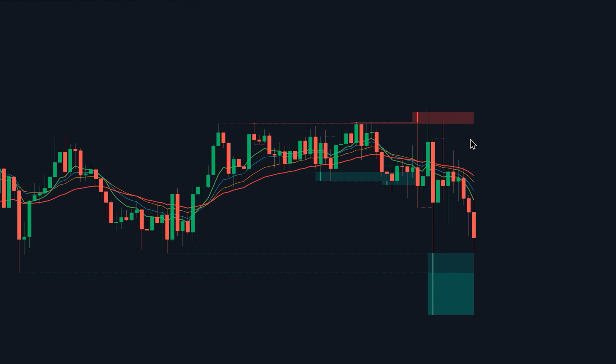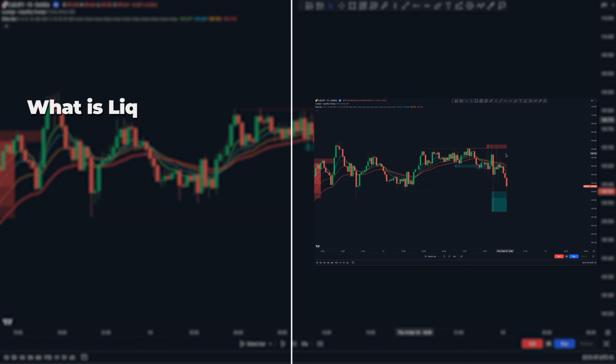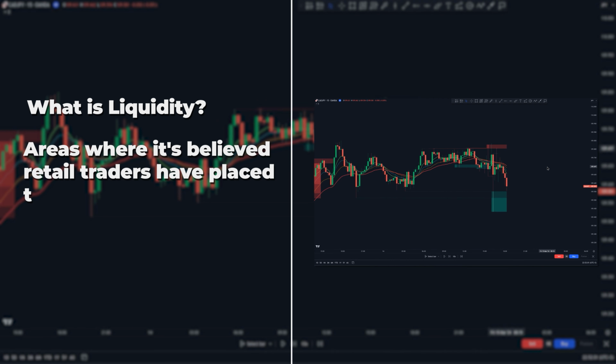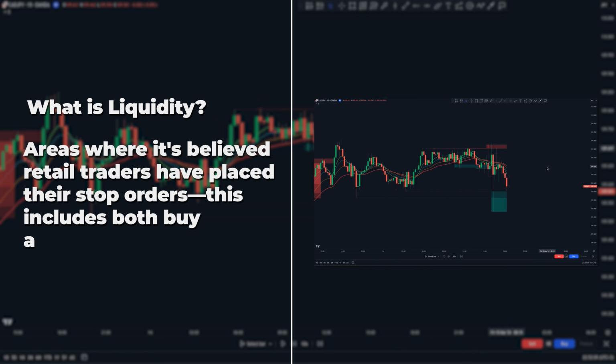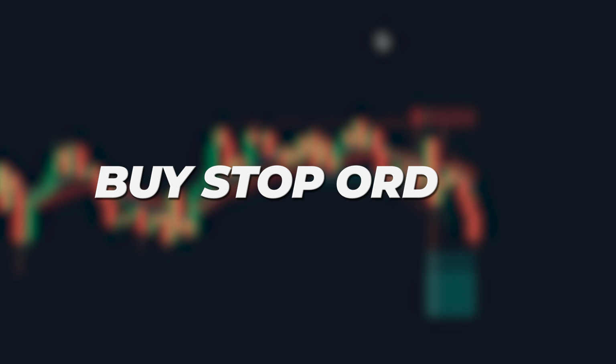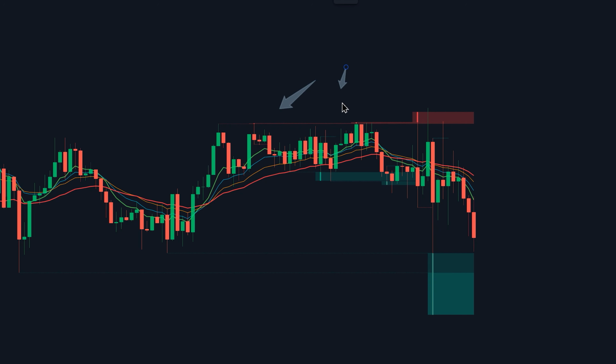Now, back to our original question, which is what is liquidity? Liquidity, in the context of trading, refers to areas where it's believed retail traders have placed their stop orders. This includes both buy and sell stop orders. A buy-side liquidity area is where multiple buy stop orders are presumed to be placed by retail traders.